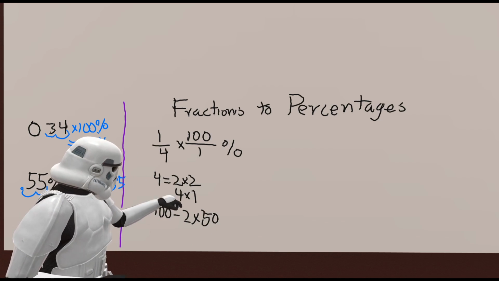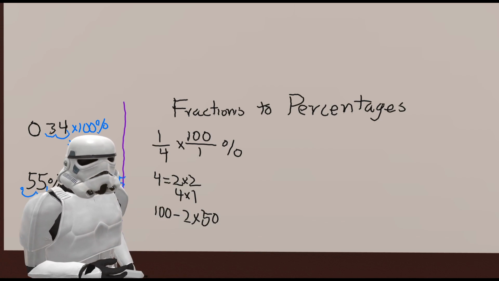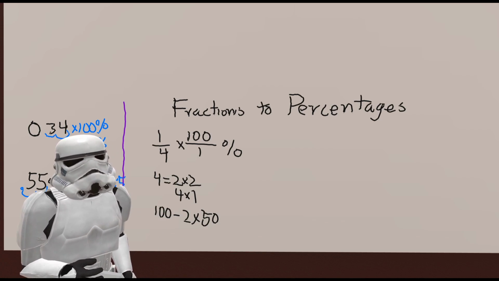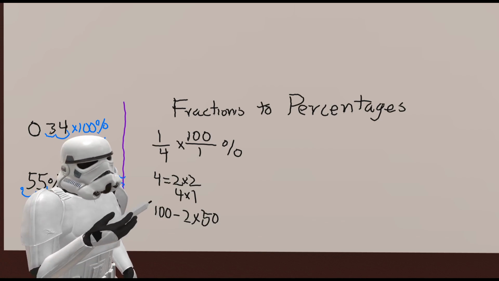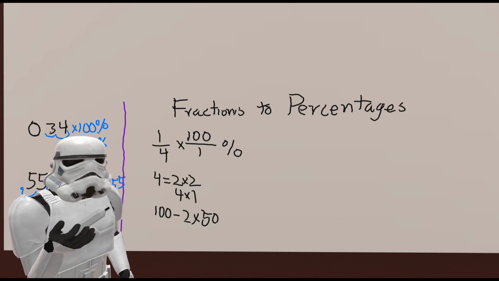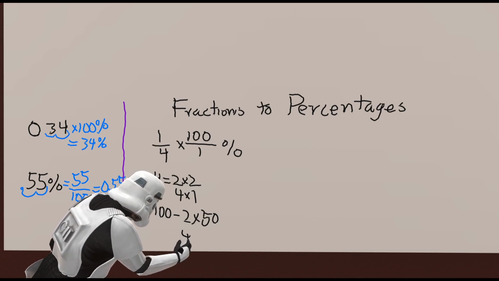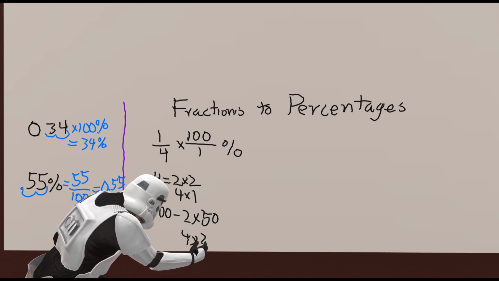That uses a 2 because this has a 2 up here. We could use the 1, but it's not necessarily that helpful because we're looking for the highest number that's in both of them. Can 100 have a 4 in it? Well, it can, because 4 times 25.